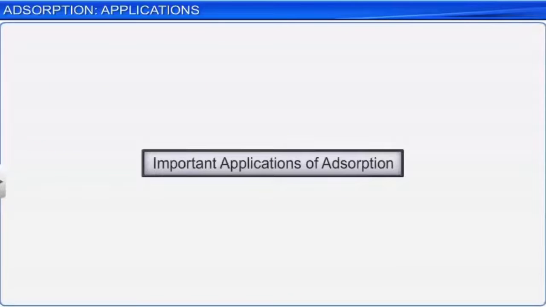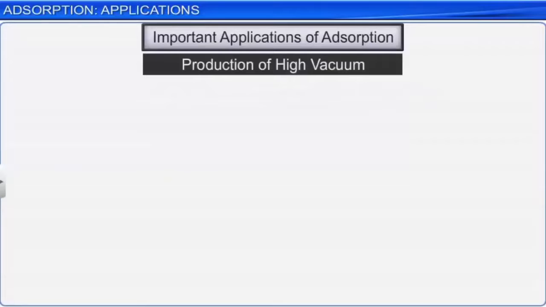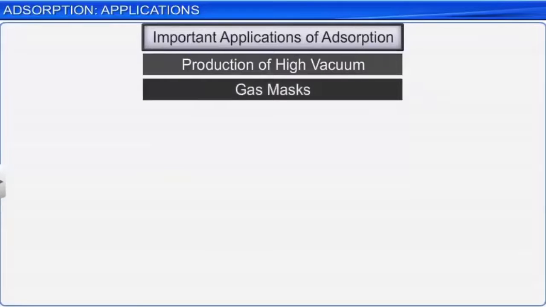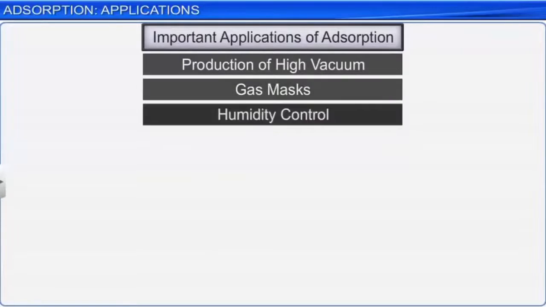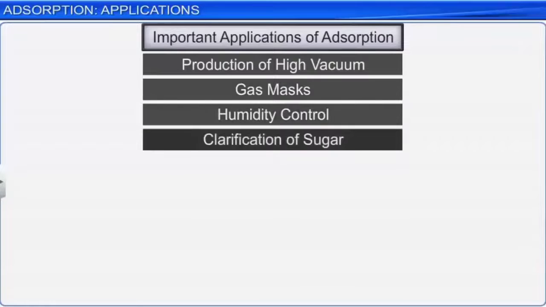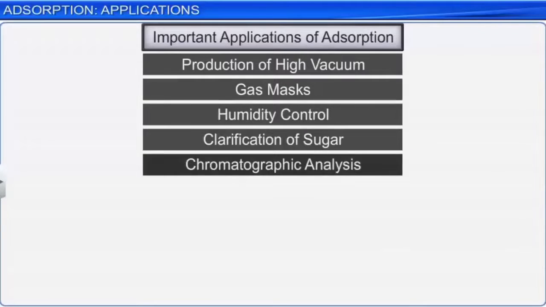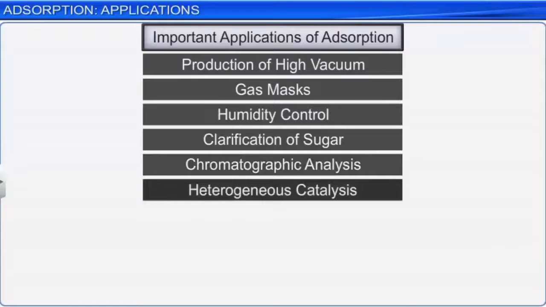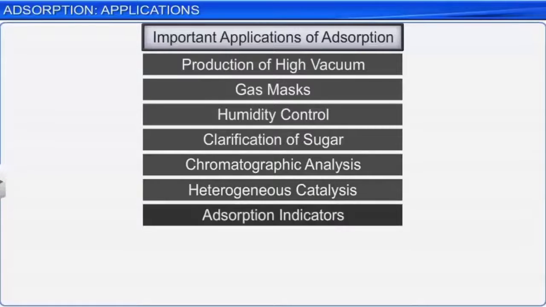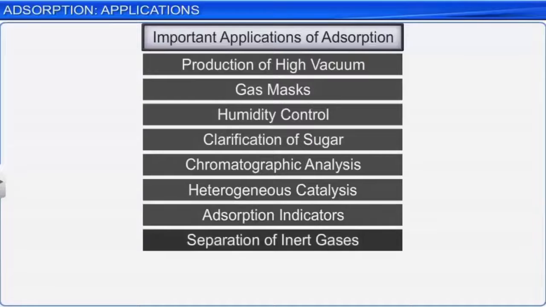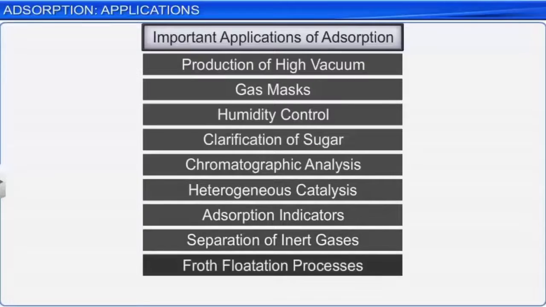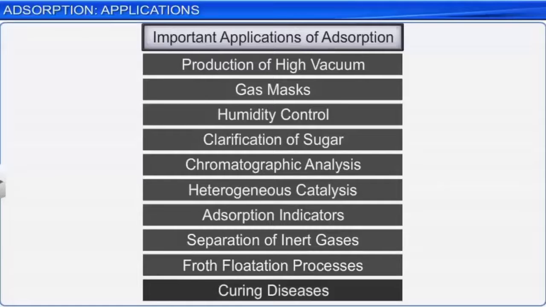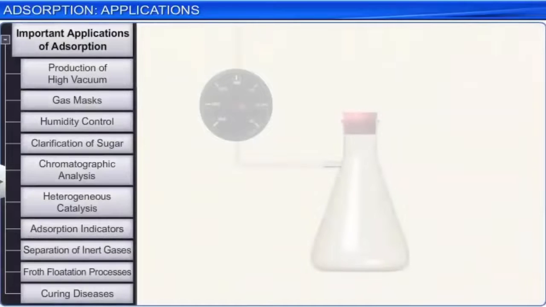Some important applications of adsorption are production of high vacuum, gas masks, humidity control, clarification of sugar, chromatographic analysis, heterogeneous catalysis, adsorption indicators, separation of inert gases, froth flotation processes, and curing diseases. Let us discuss these applications one by one.